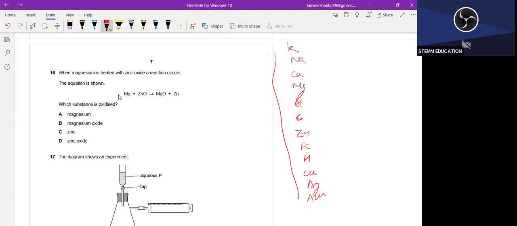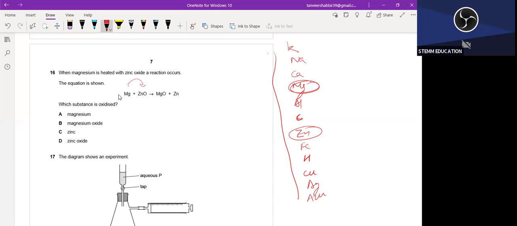So here magnesium is more reactive than zinc. That's why it can displace, because we know a more reactive element can displace a less reactive element. So here Mg is more reactive than zinc, so it can easily replace zinc. So it will convert into magnesium oxide and zinc.